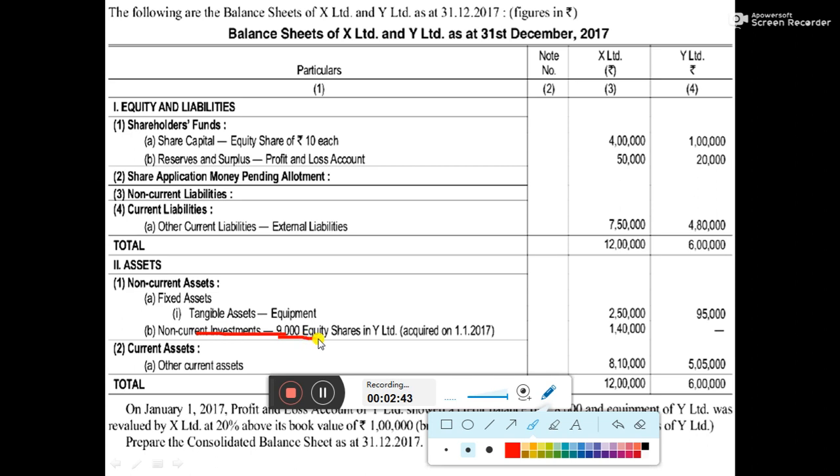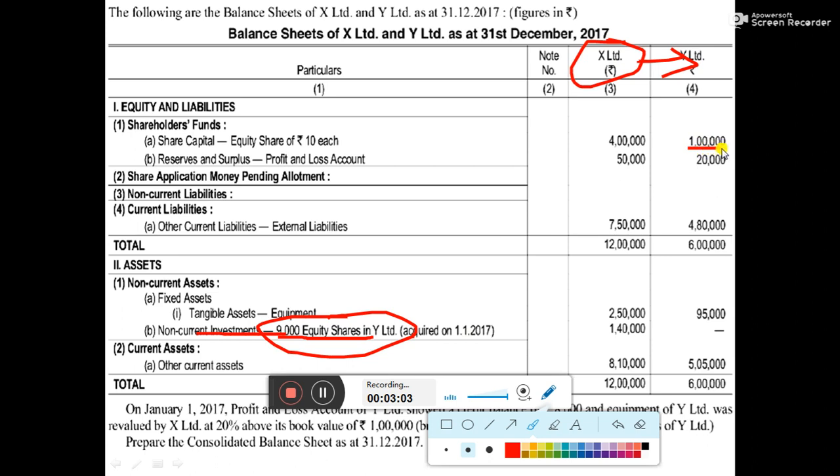Here it is given that X Limited is holding 9,000 shares in Y Limited on 1st January 2017, which means that X Limited is holding Y Limited by having 9,000 shares.